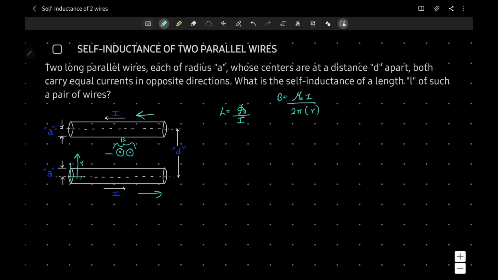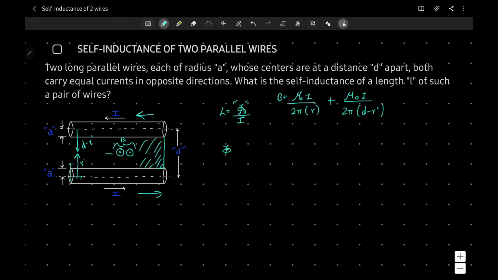Since we also have a magnetic field created by the other wire, we have to add this magnetic field. So then we have mu naught times the current over 2 pi, and this distance will be d minus r. Okay, so once we have that, we'll need to calculate the magnetic flux throughout this area that I'm gonna represent here.